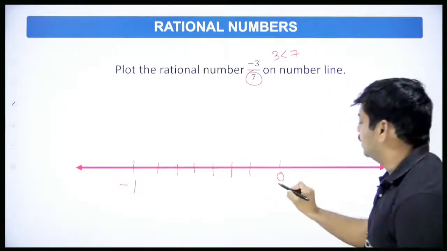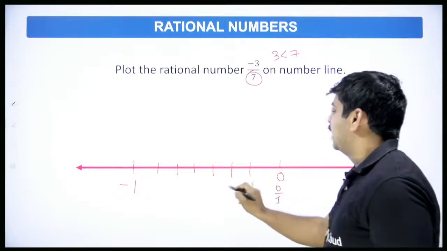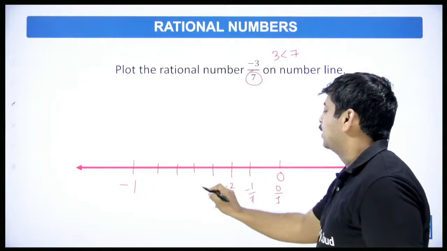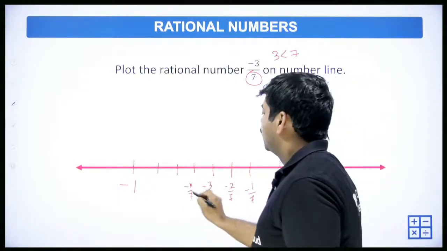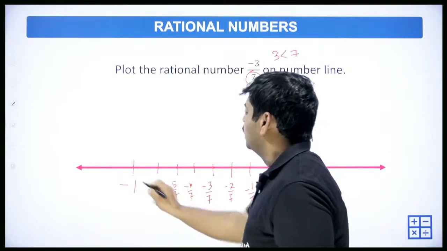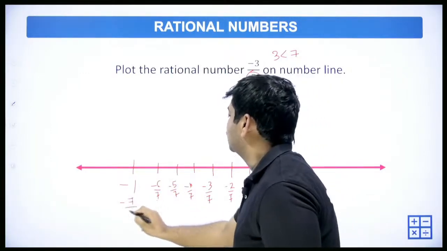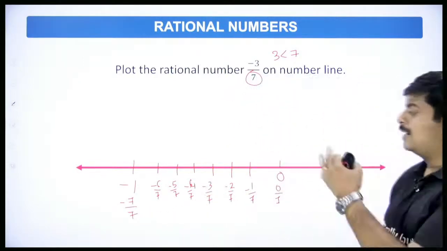This is 0 by 7, minus 1 by 7, minus 2 by 7, minus 3 by 7, minus 4 by 7, minus 5 by 7, minus 6 by 7, and the last one is minus 7 by 7, which is minus 1.